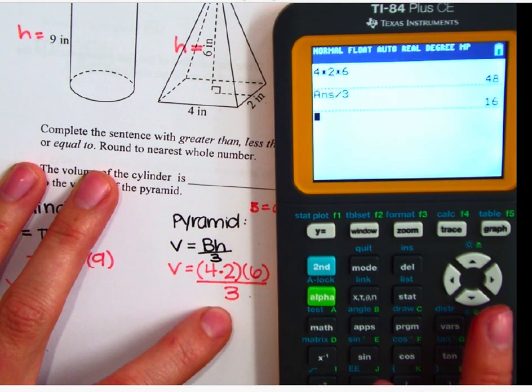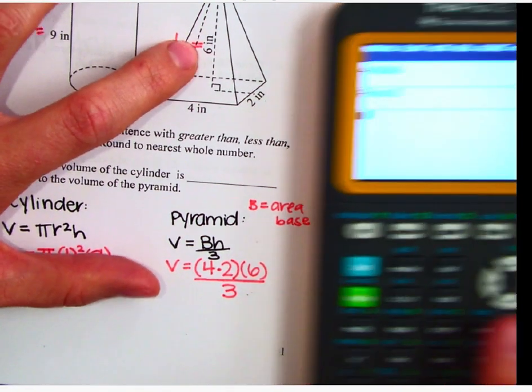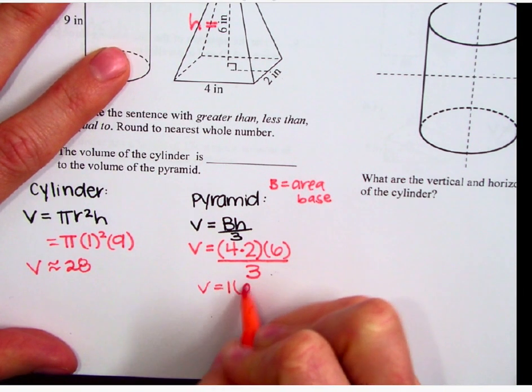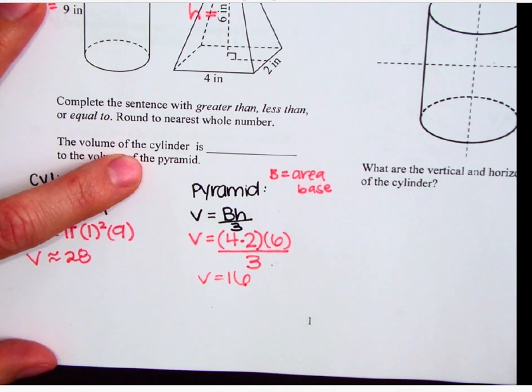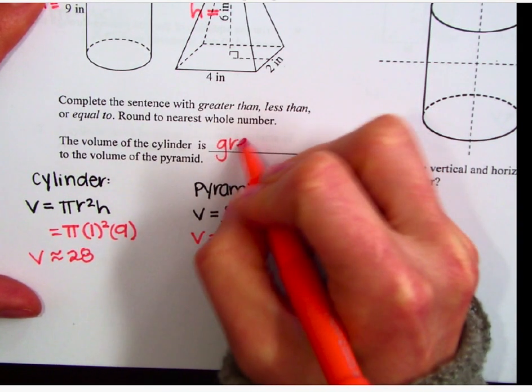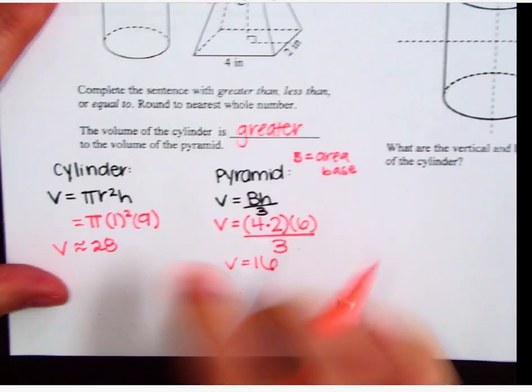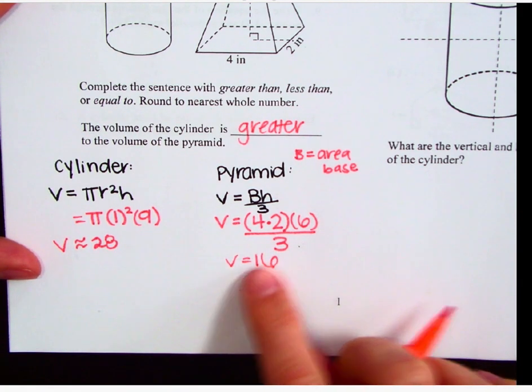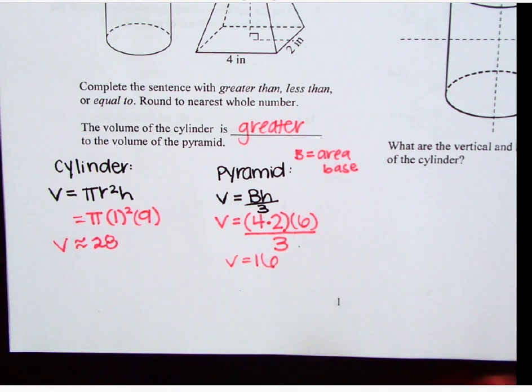Always divide by 3 in the pyramid. Okay, so I got 16. So the volume of the cylinder we know is greater than the volume of the pyramid because 28 cubic inches is greater than 16 cubic inches.